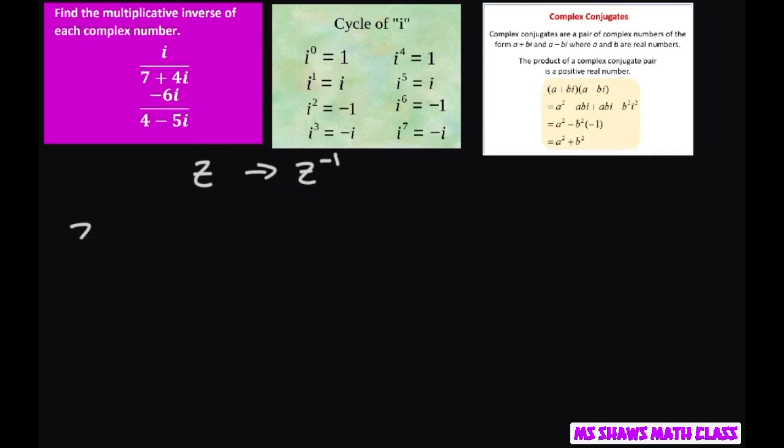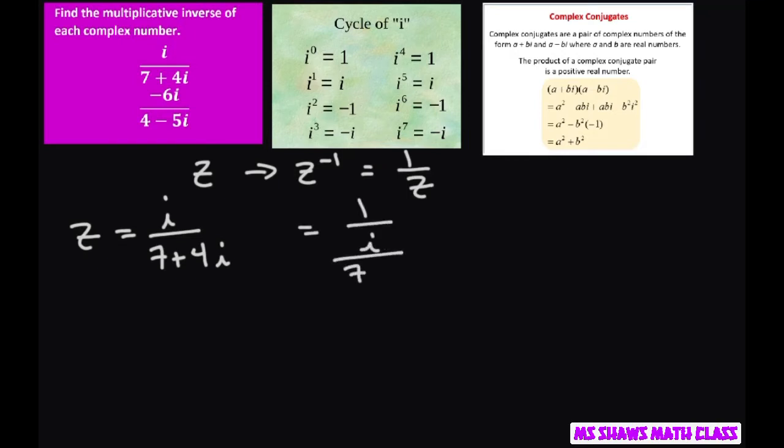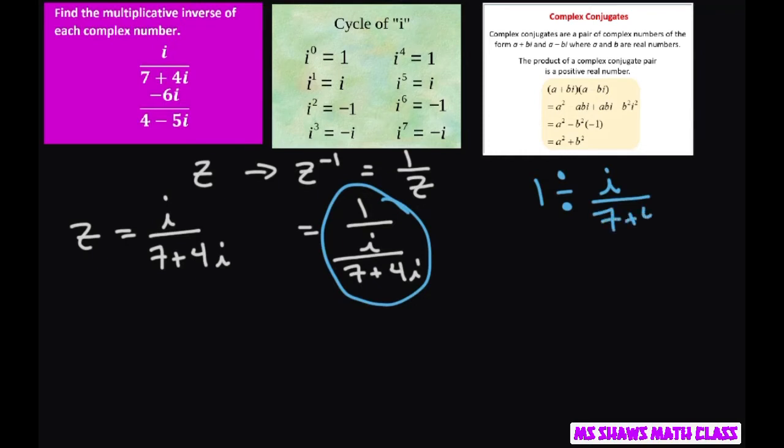So if I let z equal i divided by 7 plus 4i, the multiplicative inverse, this is like 1 over z, it's just 1 over i divided by 7 plus 4i. And just for a little remedial stuff here, this is like 1 divided by i divided by 7 plus 4i.